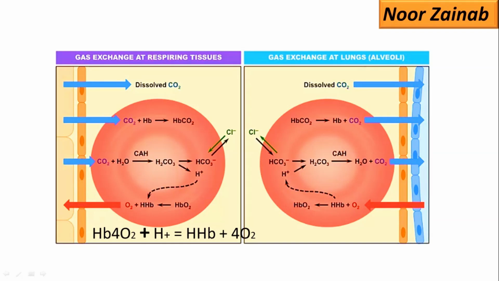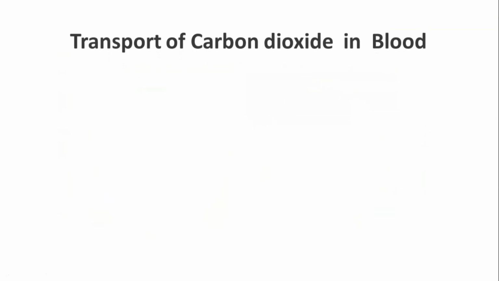And again, the bicarbonate ions enter the red blood cell, they form carbonic acid, and the carbon dioxide is released, whereas the water molecules remain in the red blood cell. And oxygen is taken from the alveoli, which we are breathing or inhaling, and it is reacted with hemoglobinic acid to form oxyhemoglobin. HbO2 is known as oxyhemoglobin, whereas HbCO2 is known as carboxyhemoglobin.